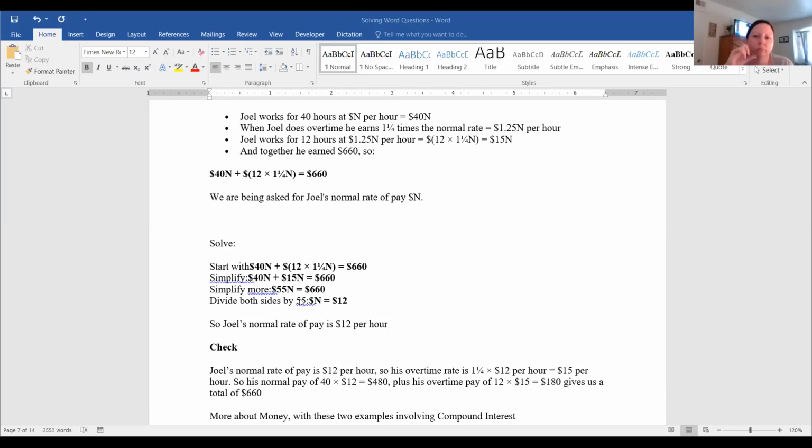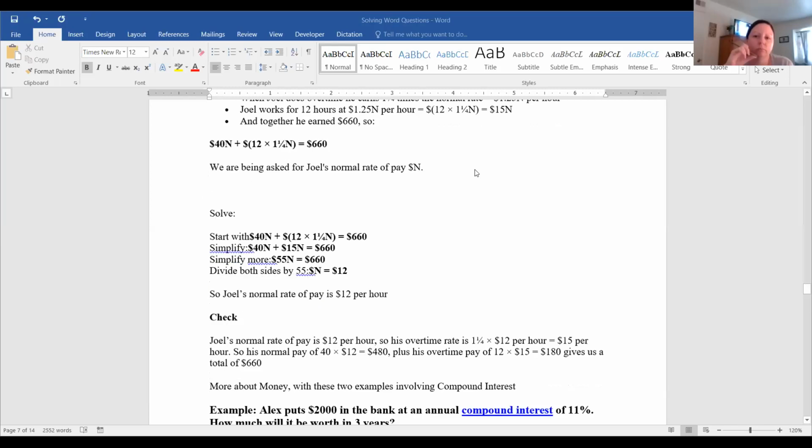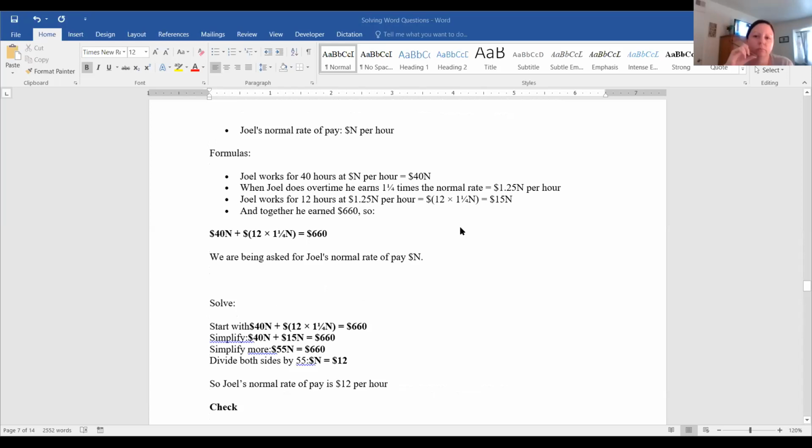If we then divide both sides by 55, we get $12 an hour. So he gets $15 an hour for his overtime, which is 1 1/4 times 12. We can check on this.